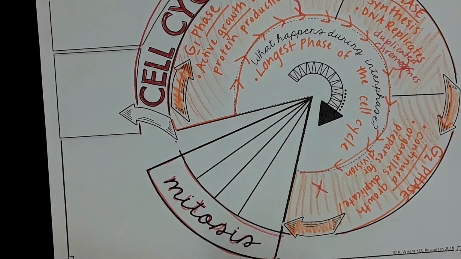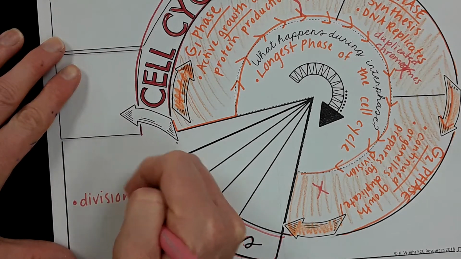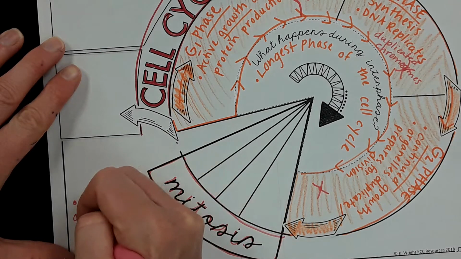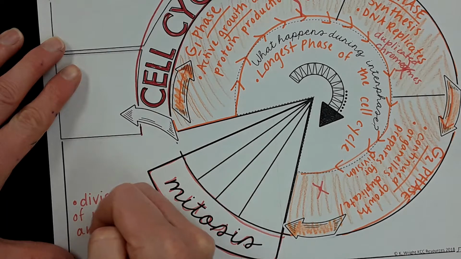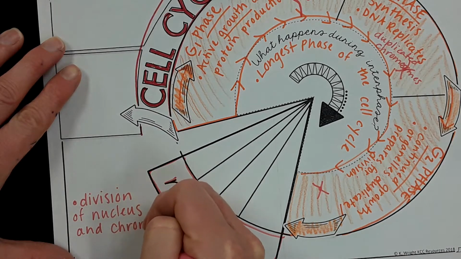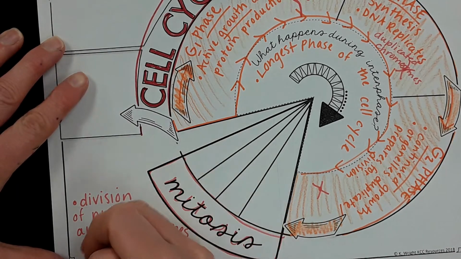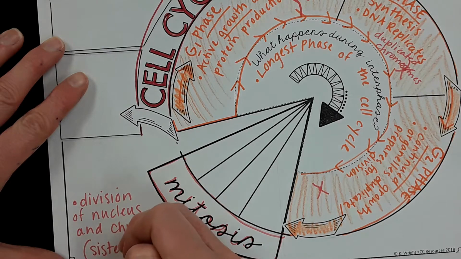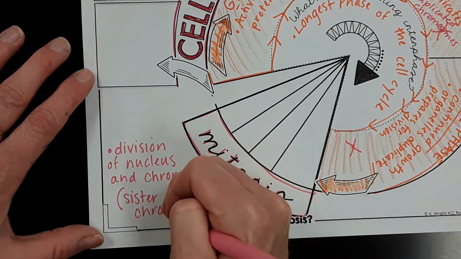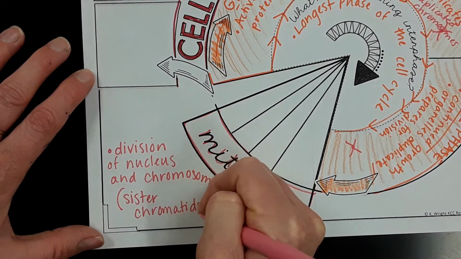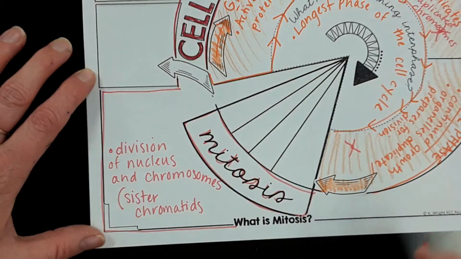Mitosis is specifically the division of the nucleus and the chromosomes, which are those sister chromatids. Those sister chromatids are going to break apart during mitosis. So this whole section here is all about mitosis.